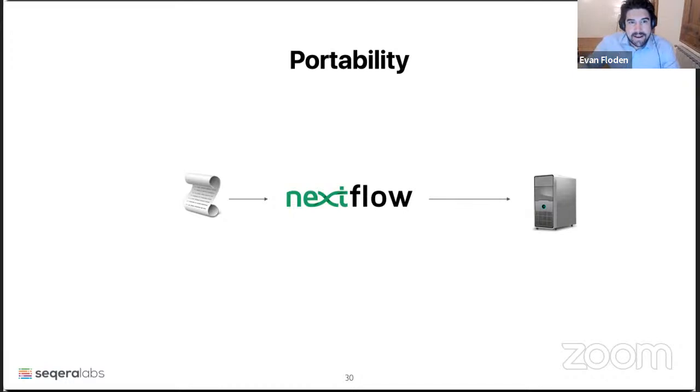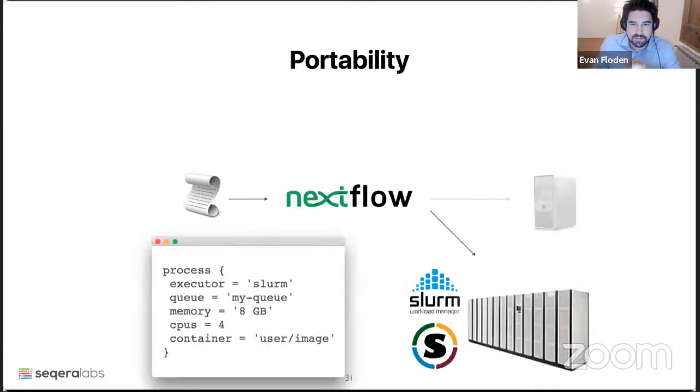If we were to add some configuration, and you'll notice that the script stays exactly the same, we added some configuration here for running on Slurm. We could define our executor, a queue, some memory, CPUs, and maybe a container image. If we ran nextflow run with that, Nextflow would submit each of those tasks to the Slurm executor. And this would be something we would put in our Nextflow config file.